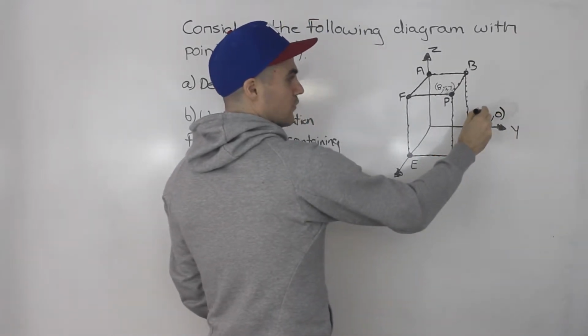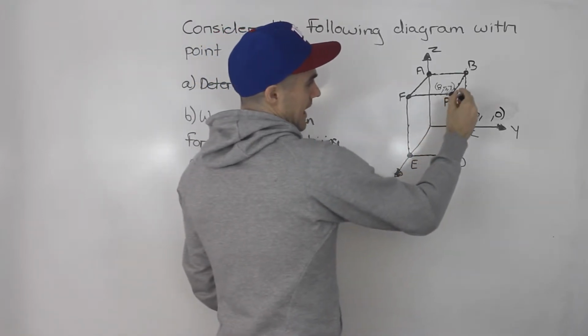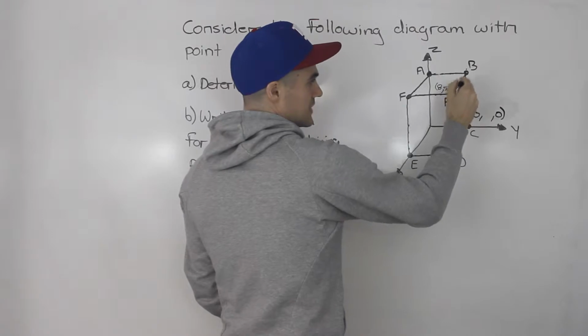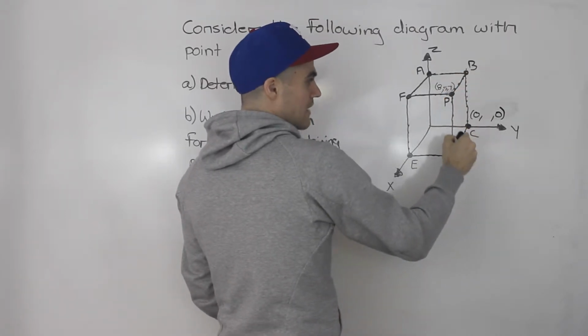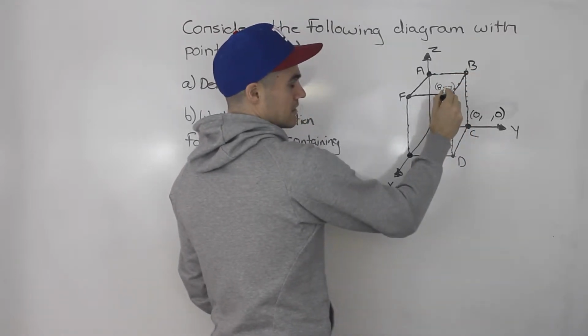What about the point for y though? What is it going to be? Well, notice that this face of the rectangular prism, so P, B, C, and D, notice that all of the y values on that face are going to be the same.